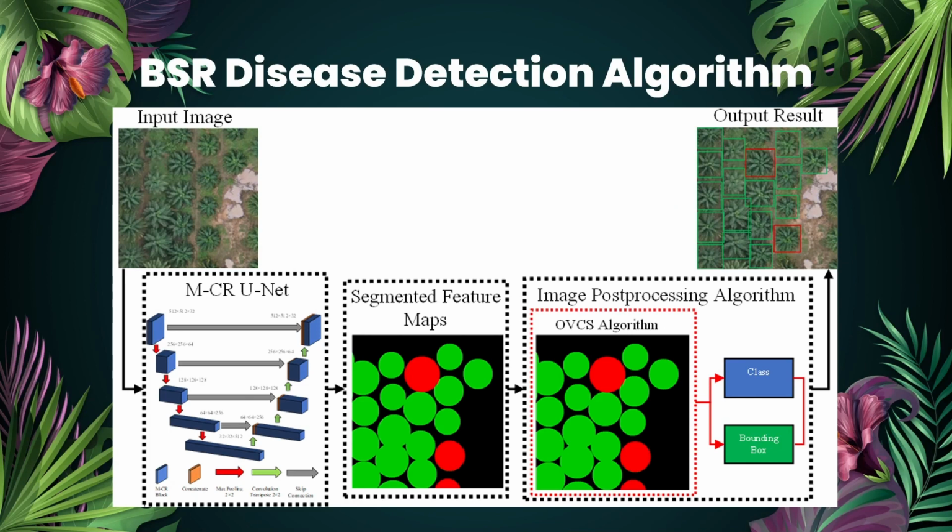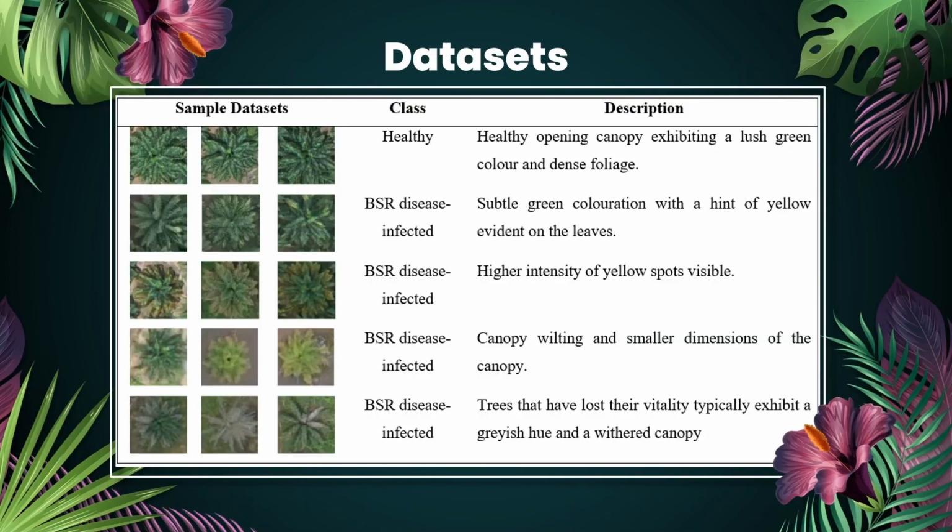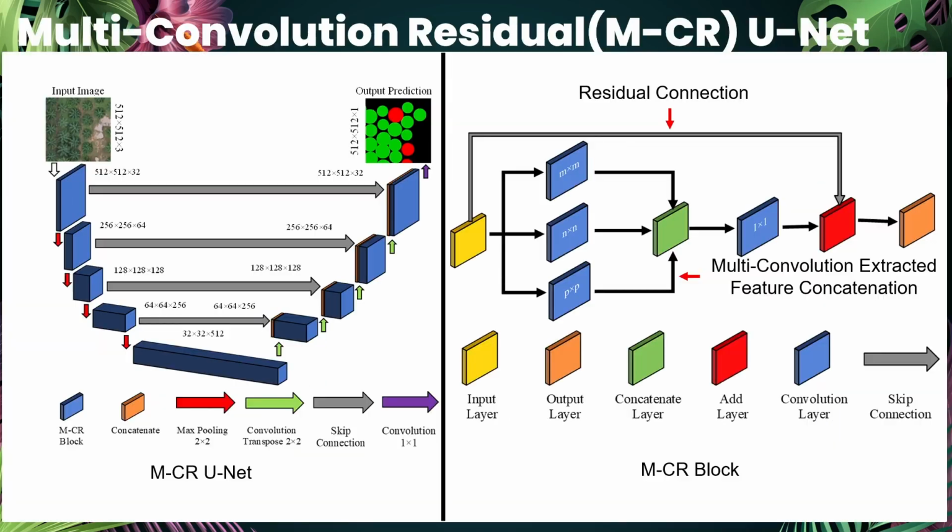Hence, we propose a BSR disease detection algorithm which implements the MCR net to segment the input image into feature maps, and an image post-processing algorithm to process the segmented feature map to accurately define the class on the input image by classifying whether it's a healthy tree or a BSR disease infected oil palm tree. And here is the data set that we are using in this study.